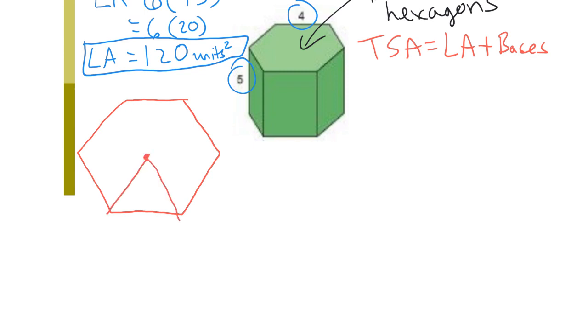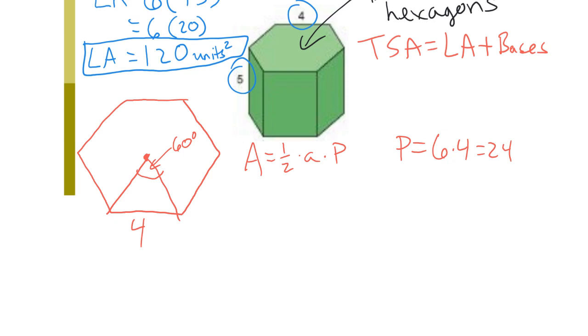If we remember back to chapter 11, 11.5 specifically, finding the area of regular polygons, this can involve trig. But with a hexagon, this central angle here is 60 degrees. And what do I need for my area of a regular hexagon? It's 1/2 times the apothem times the perimeter. My sides are all 4, so my perimeter is not going to be too bad. It's going to be 6 times 4, which equals 24. So that's good. But my apothem's a whole other thing.